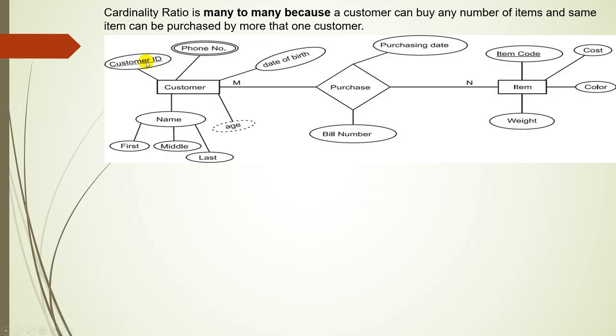Customer ID, underlined, shows it is the primary key for the customer entity. And the composite field name includes three separate fields: first, middle, and last name. And a calculated or derived field, age.